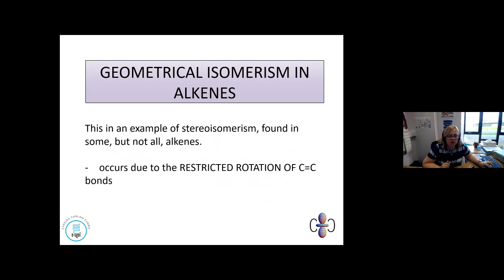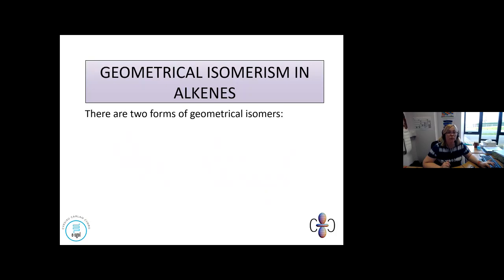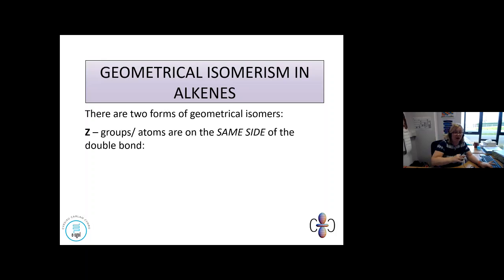So there's restricted rotation around a C double bond C. There are two forms of geometric isomerism, two labels you have to be familiar with. The first one, Z, means that you've got atoms on the same side of the double bond being similar. And I'll explain what I mean by that in a minute.